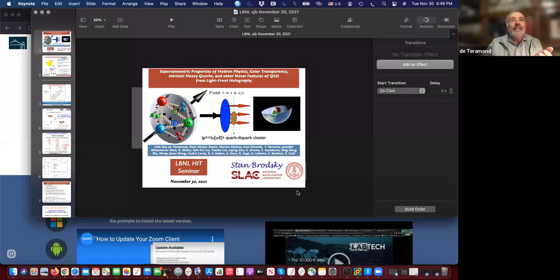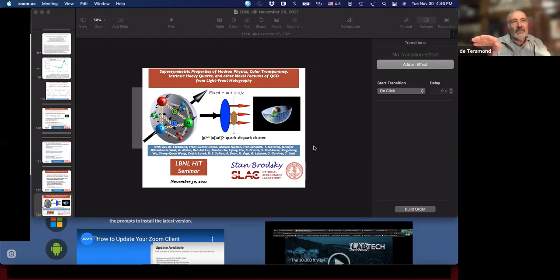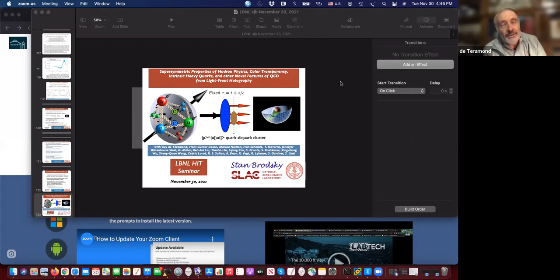And then we DGLAP evolve to higher scales. So this is the proper way to combine both and make them complementary, and the agreement with data is quite impressive for such a simple model. So I believe that this is the right way to match.